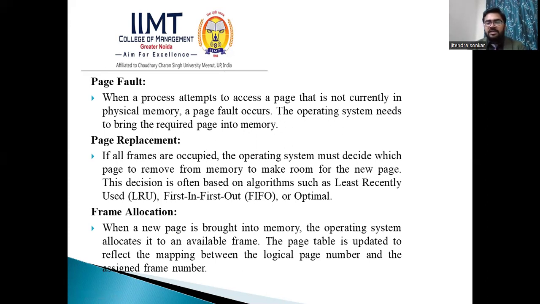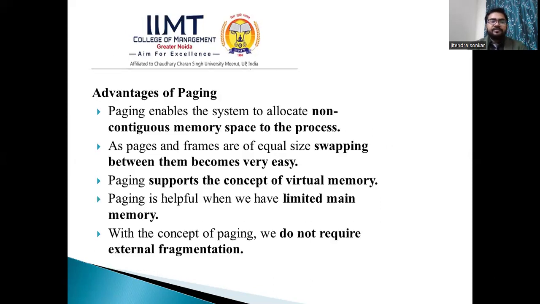The page table is updated to reflect the mapping between the logical page number and the assigned frame number. This mapping of the process to the frame is done by the page table, which maps the logical address to the physical address.